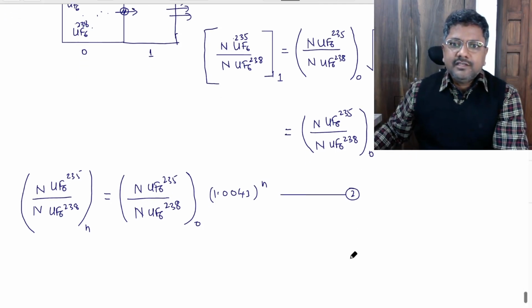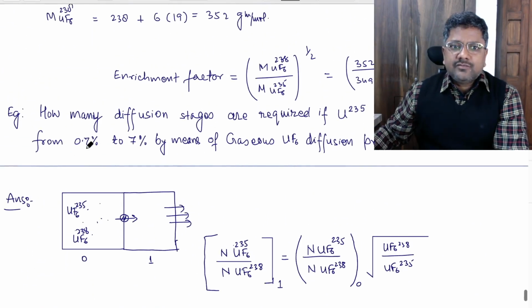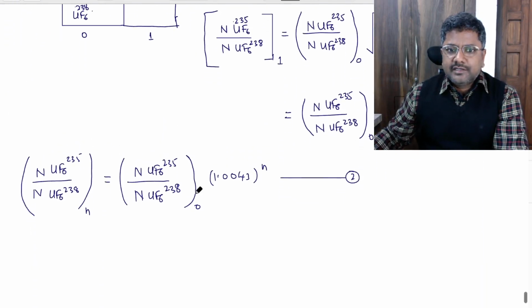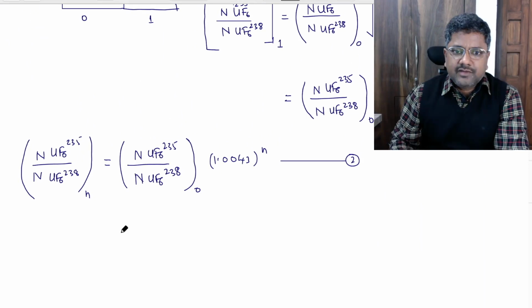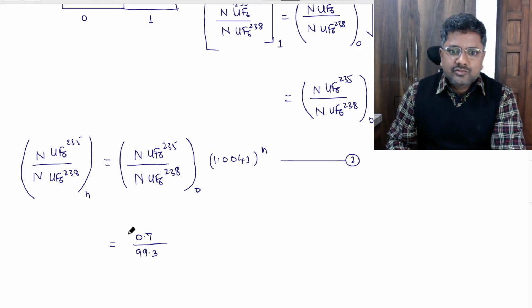Now see what is the initial consideration. Again read the question. Enriched from 0.7%. So initially 235 was 0.7%. So you can take 0.7 here. So what is 238? Obviously this is 99.3, right? So 0 and 1.0043 to the power n.